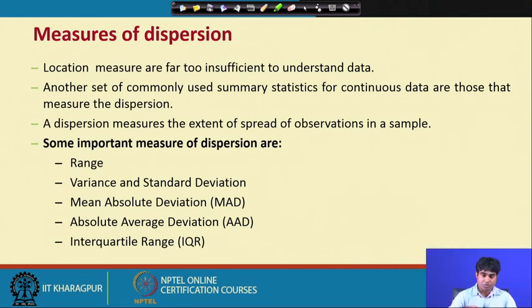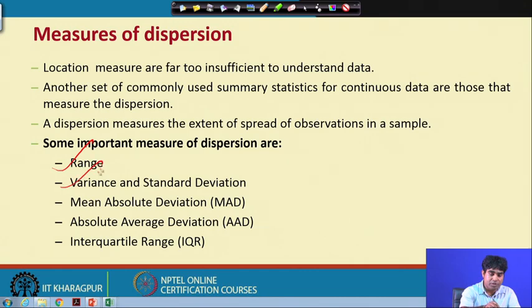It depends upon the weightage of a particular indicator. In the measures of dispersion we have different statistics, like range, variance, mean absolute deviation, average absolute deviation, and interquartile range, but ultimately one of the basic or standard statistics in this case is the variance and standard deviation.